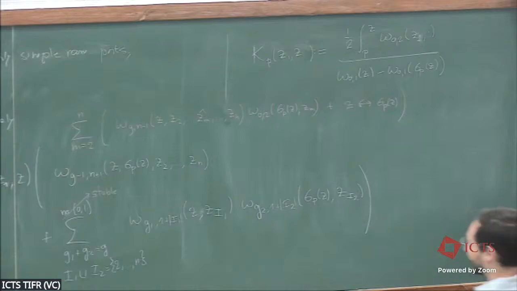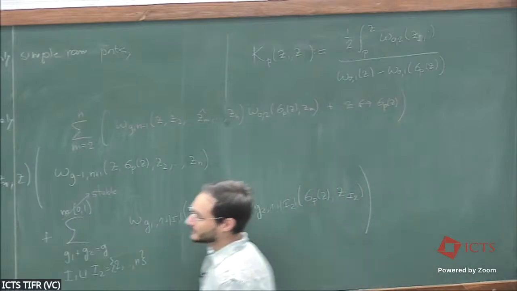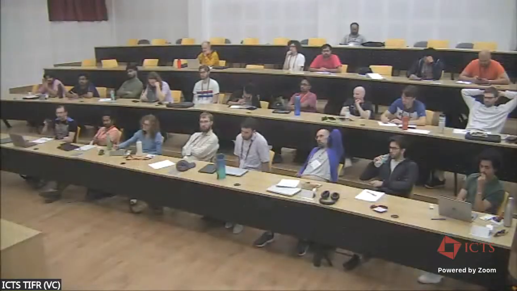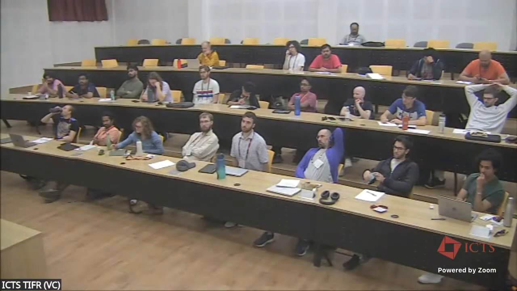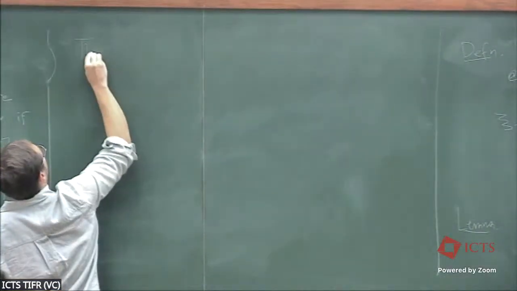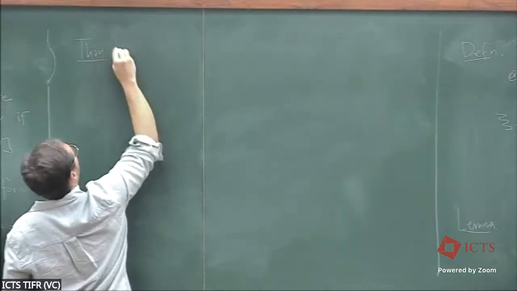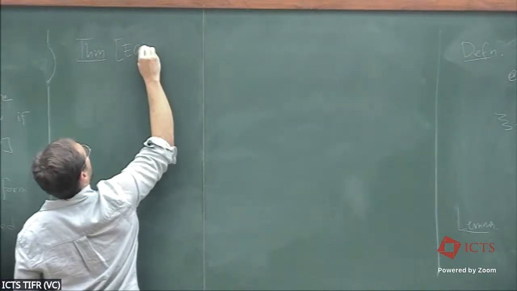Yeah, thank you. So let me now give you some properties about this. So maybe I'll keep this property here. So the theorem, I will say that there's a theorem which is due to Eynard and Orantin in their first original paper.